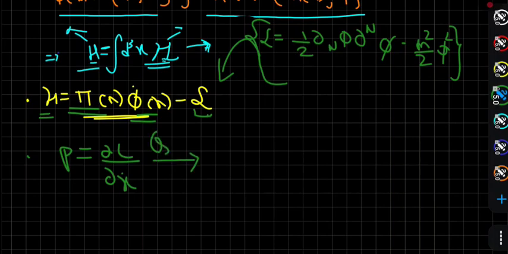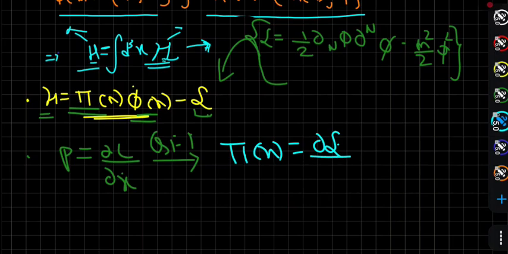Now in quantum field theory, this changes into this form, and the momentum density is defined as the Lagrangian density derivative divided by del of phi dot x. Just like here we have replaced x dot with phi dot x in quantum field theory, and the Lagrangian with the Lagrangian density.